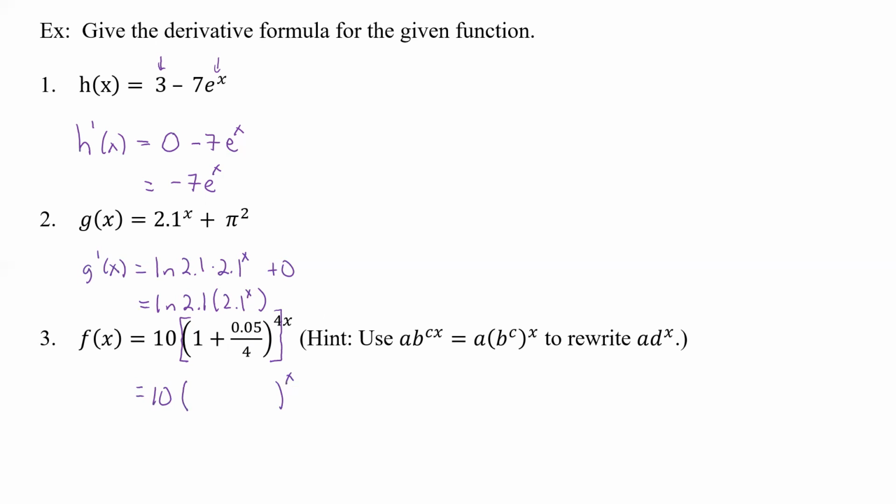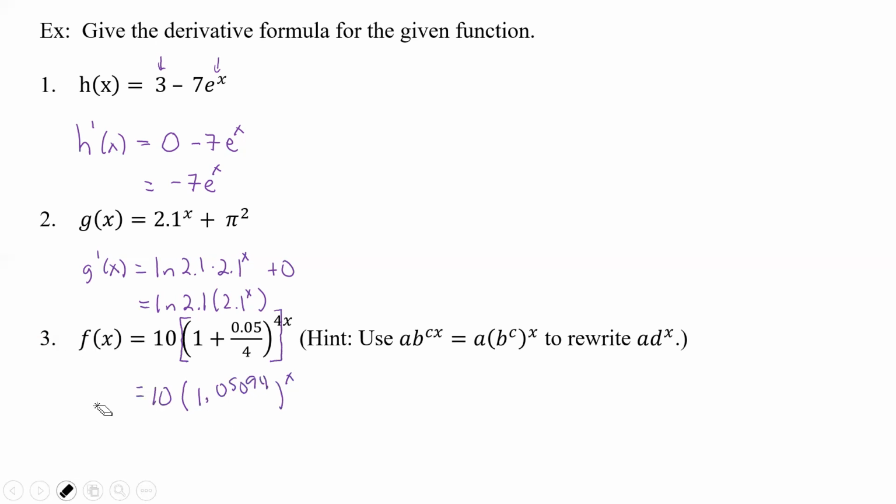So now if we go into our calculator, we have the quantity 1 plus 0.05 divided by 4 raised to the power of 4. And so when I do that, I get 1.05094.